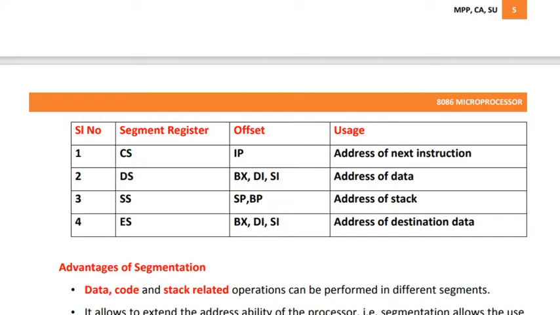Along with SS, we use offset as SP and BP. And eventually with ES, we use offset as BX, DI and SI. So again, I'll repeat it. Offset is the displacement that you create from the base address of the segment that is being held by either of CS, DS, SS and ES.